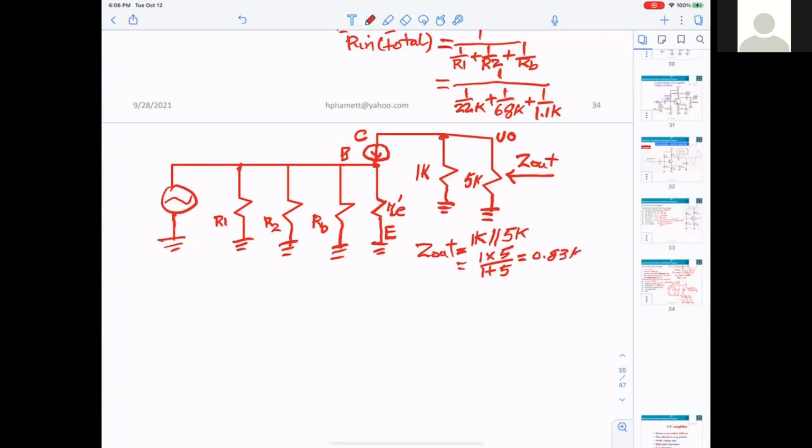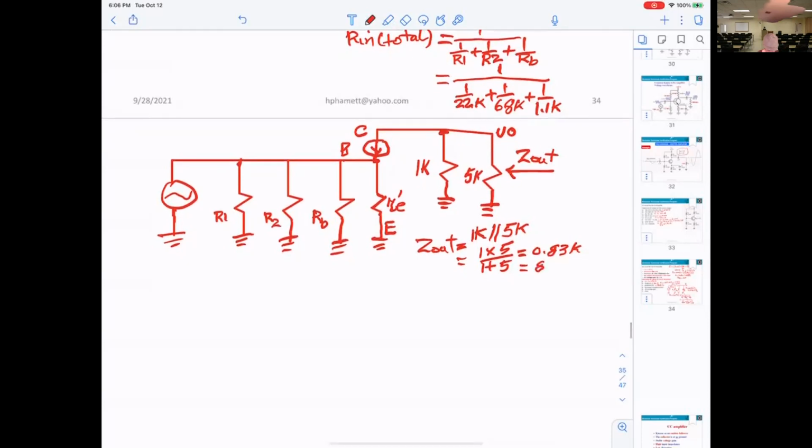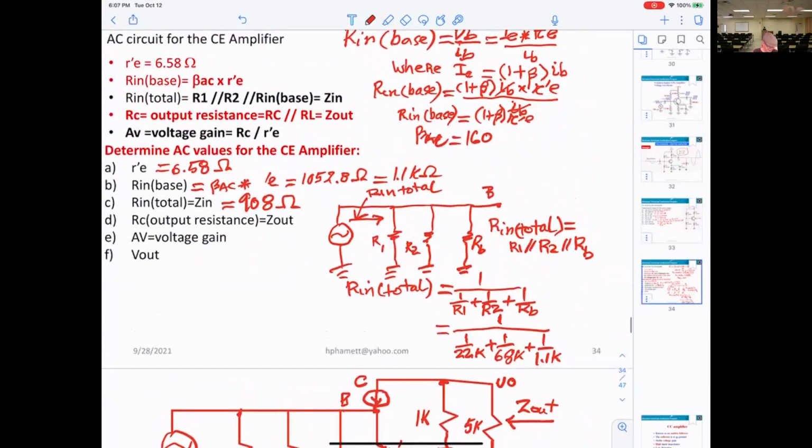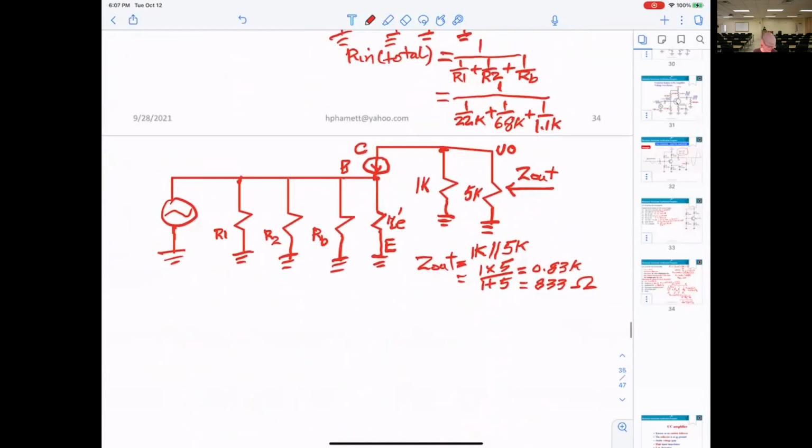If you want ohms, you multiply by 1,000. So 833. Finally, AC voltage gain.